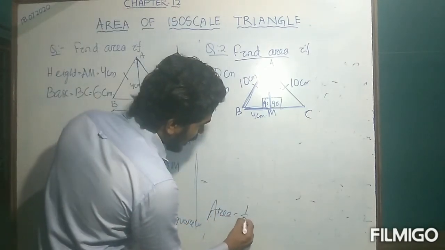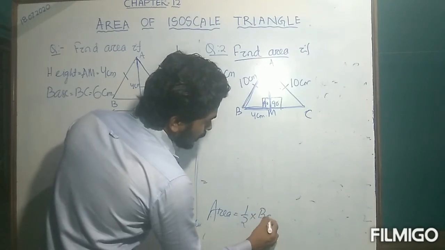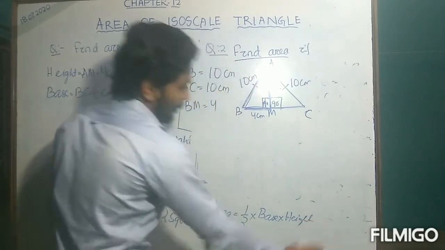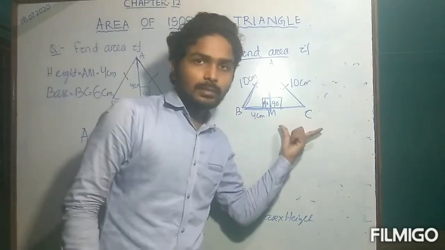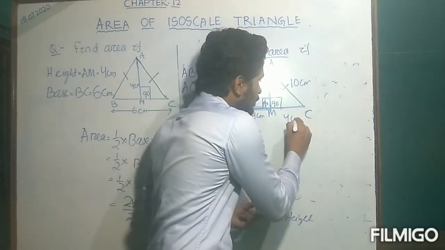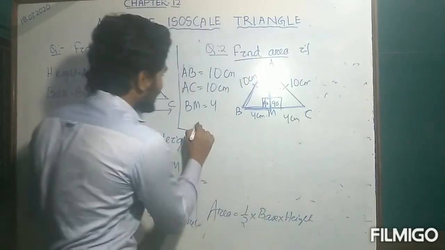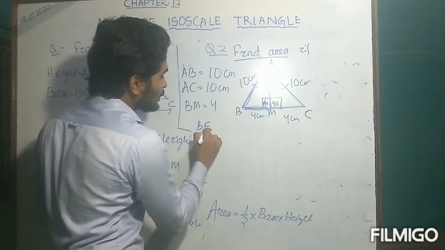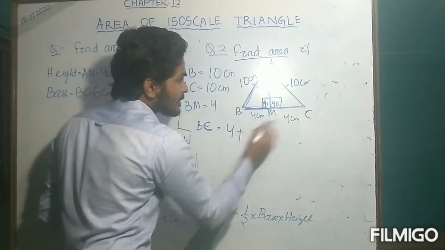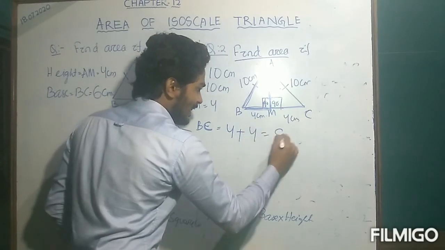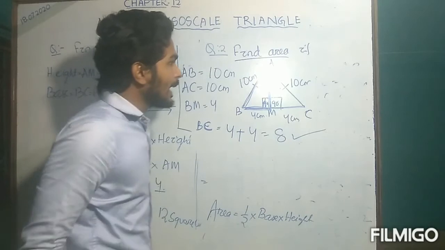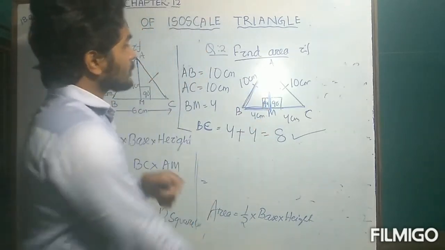Area is half into base into height. Here the base is not given. Since BM is 4, the other part should also be 4. So the total base BC is equal to BM plus 4, that is 8. Now the base is completed. Now find the height AM.